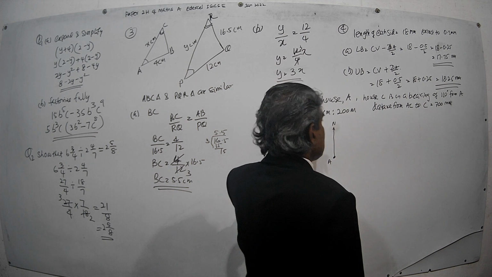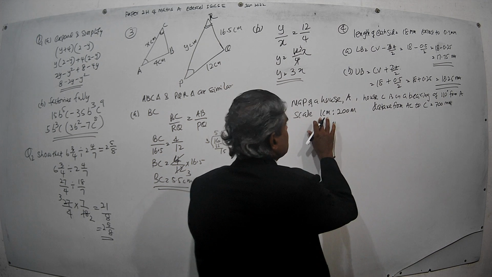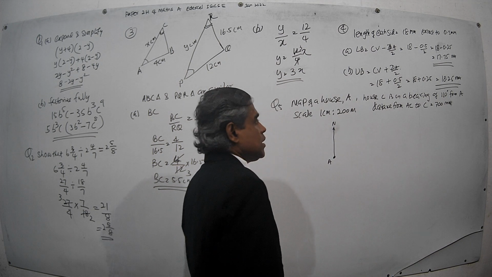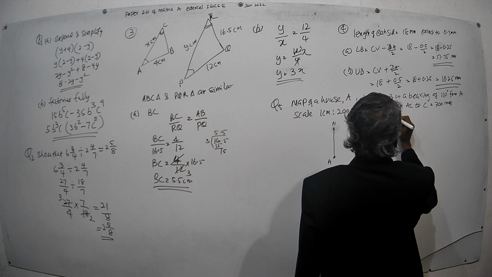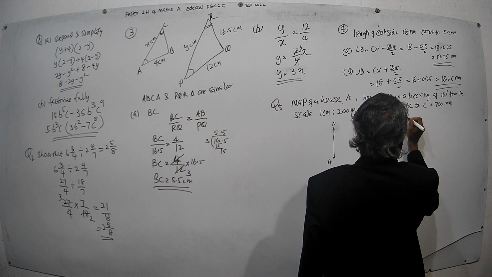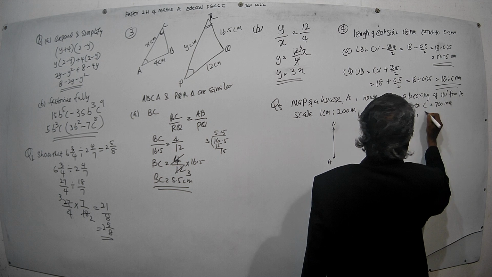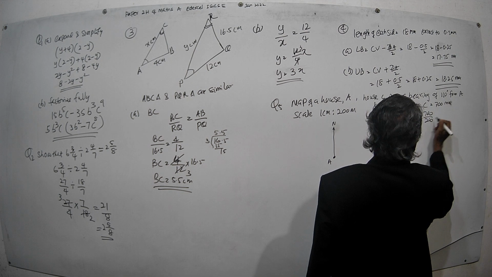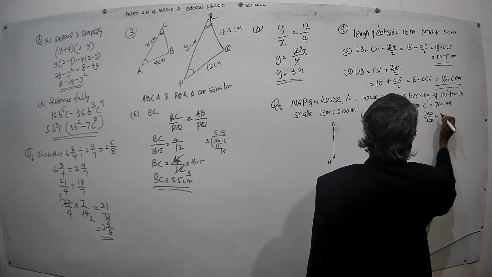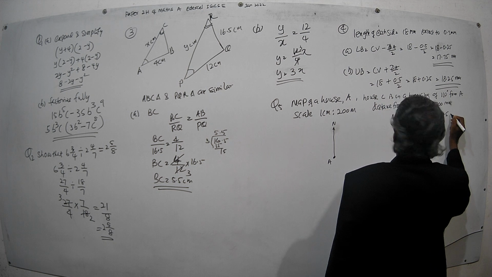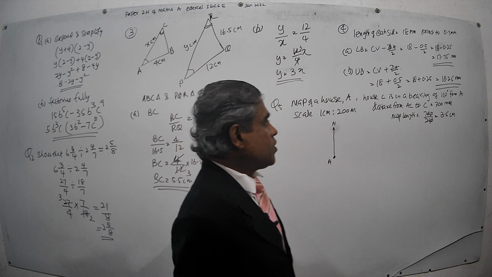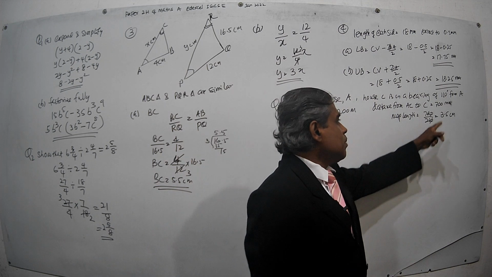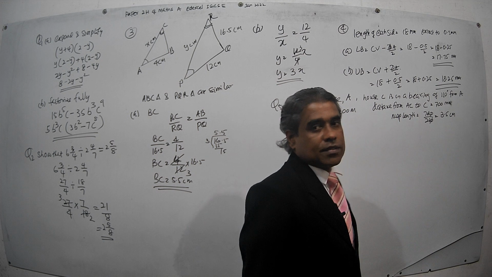Then we will convert that into map length. 1 centimeter equals 200 meters, so map length equals 700 divided by 200. How much? 3.5 centimeters. They have to show this length from A to C as 3.5 centimeters.